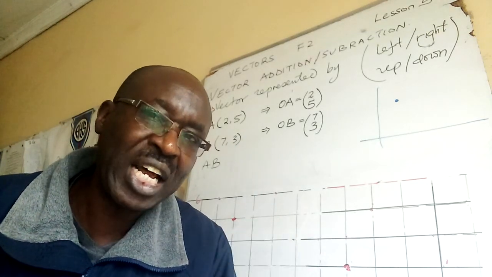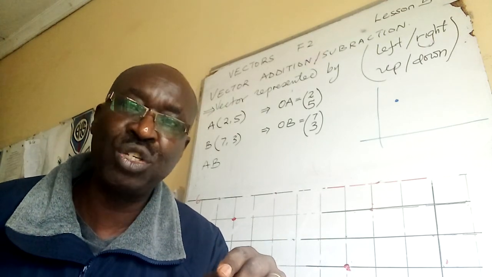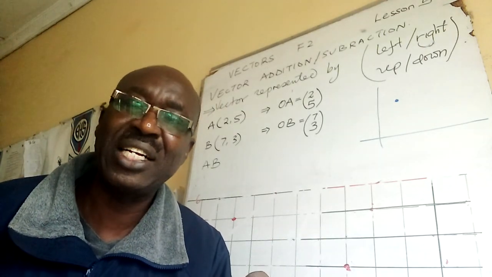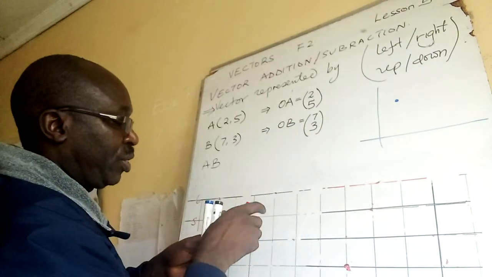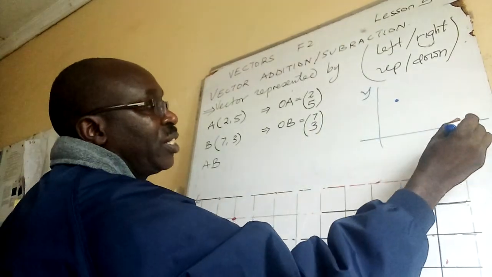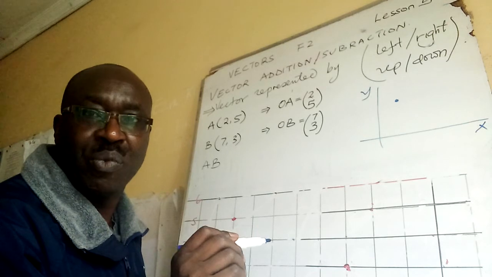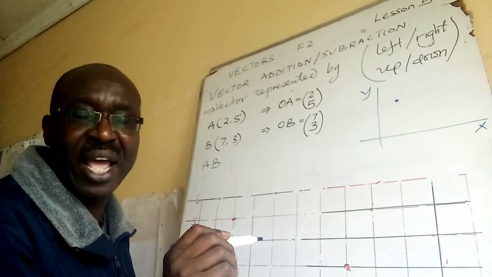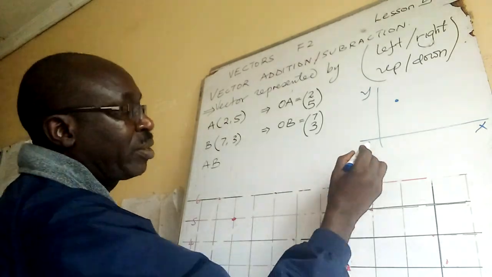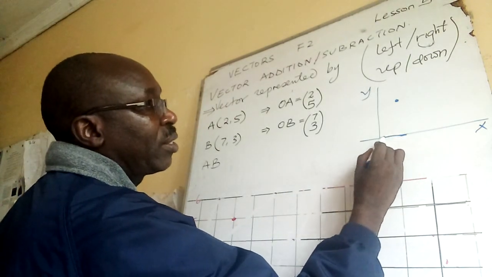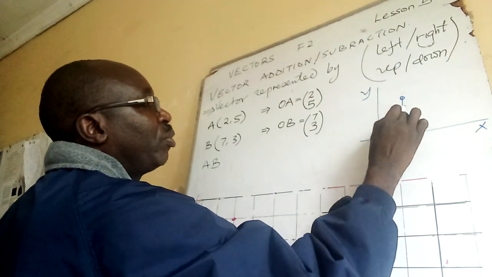But before you get that direct movement in the Cartesian plane, we saw that there are two distinct movements. Here is an example, this is the y-axis, this is the x-axis. If I tell you, show me point A whose coordinates are (2, 5), that means you went this side, you made 2, and then you went up, you made 5.